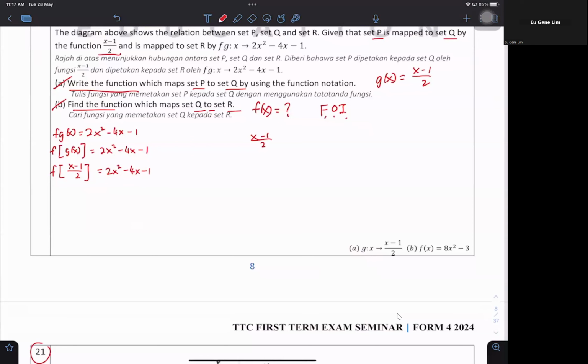Now, when you do inverse, you make it equal y, isn't it? Just like how we normally do inverse. You take the box and equal y.